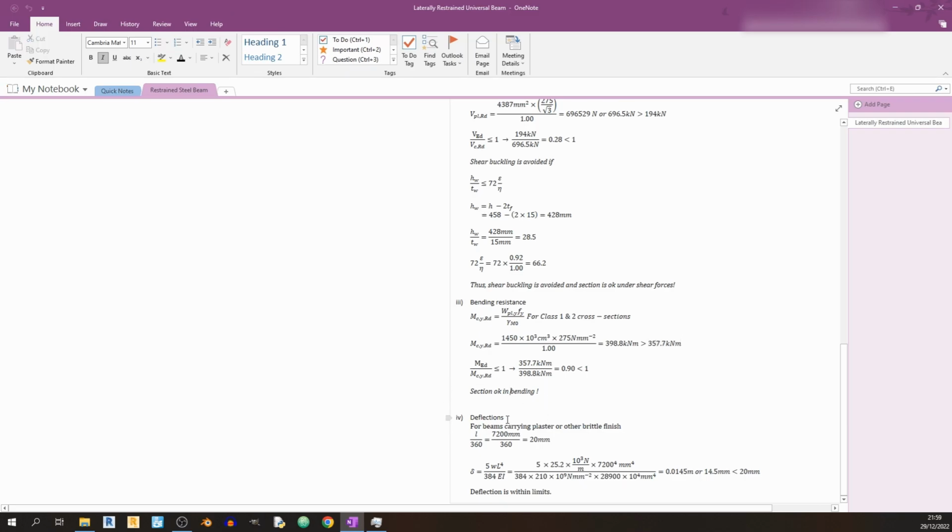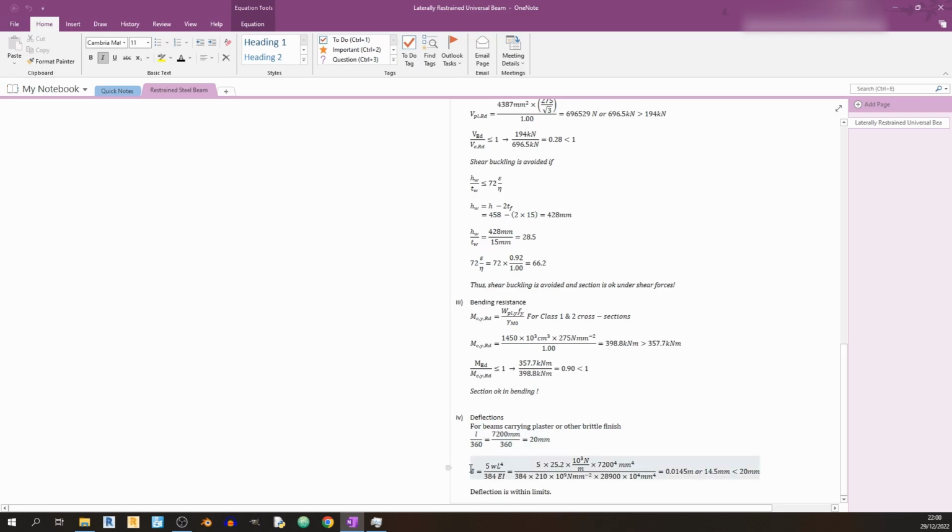And finally, for the deflections, for beams carrying plaster or other brittle finishes, L over 360 is the equation that we'll be using. So we have a 20 millimeter maximum deflection over here. So the allowable deflection would be 20 millimeters over here.